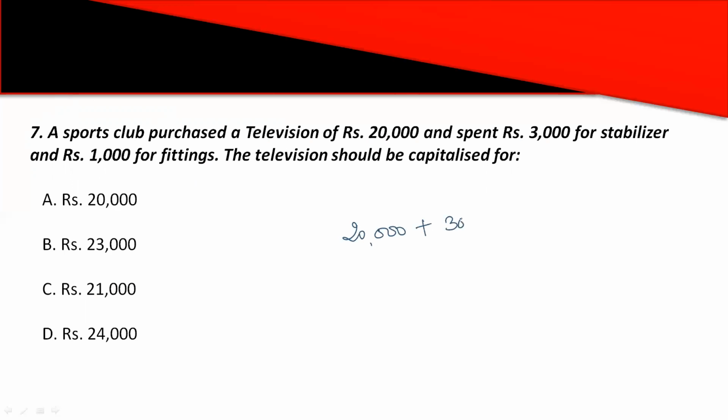We also paid 3,000 for stabilizer, which is very important, and we also paid 1,000 for fittings. In total, the television cost us rupees 24,000. So the answer is D, rupees 24,000 is the total cost of television that we will record in our balance sheet.